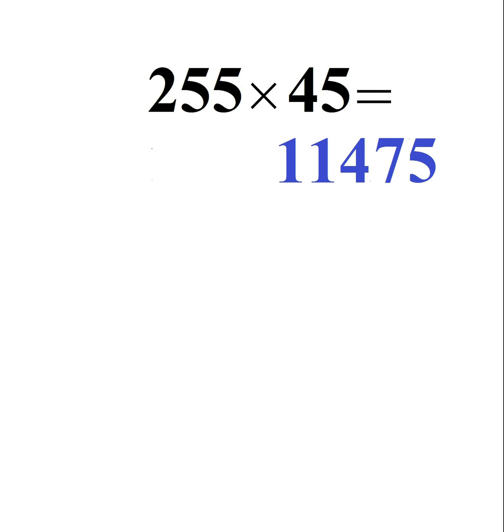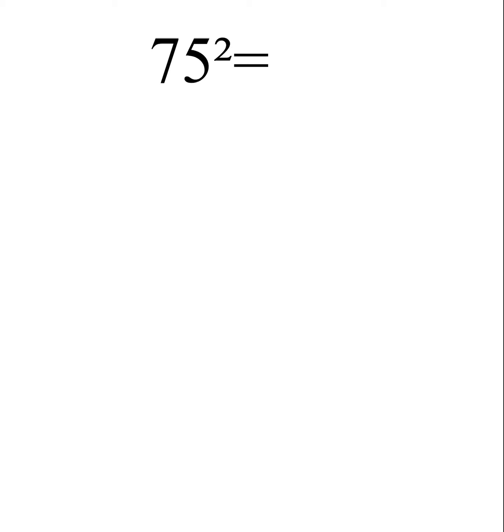Now let's see how to square the numbers ending in 5. So for instance, what is the square of 75? As you know, the square of 75 equals 75 times 75. So it is the multiplication of two numbers ending in 5.